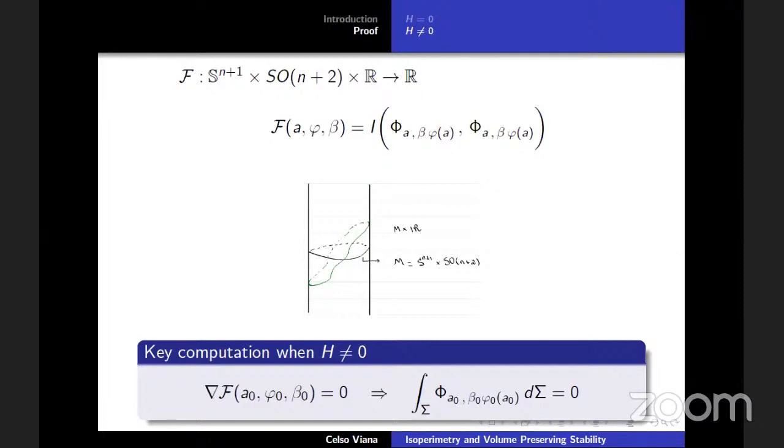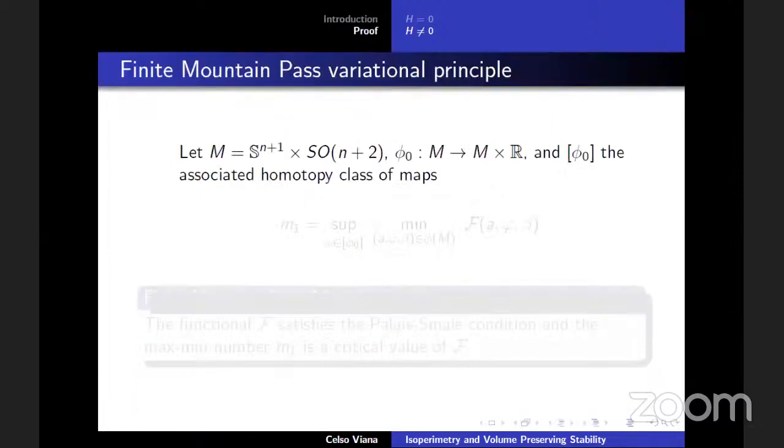Once we have this result, the natural thing to do is try to find critical points for this functional. For that, we use the standard mountain pass variational principle, here in a finite dimensional manifold. As usual, we consider this max min value associated to this functional.